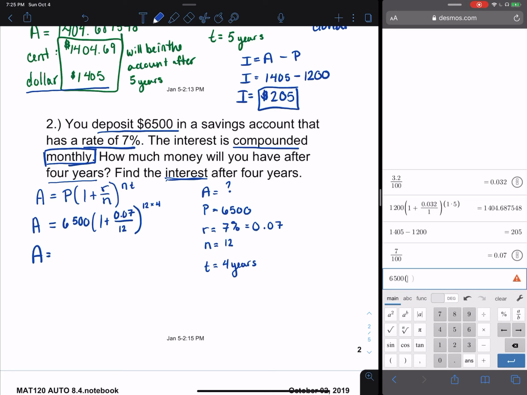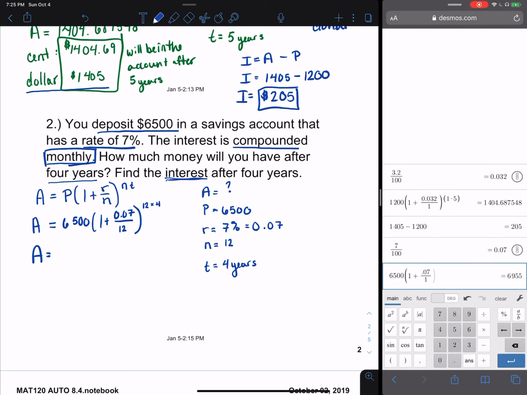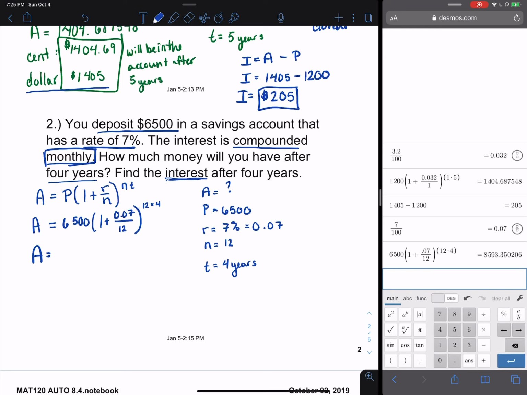Open up a set of parentheses, 1 plus 0.07 divided by 12. I hit the right arrow to get out of the fraction, close the parentheses, hit that a to the power of b to get up in the exponent, open a set of parentheses, 12 times 4, close my set of parentheses to say I'm done with the exponent, and hit enter.